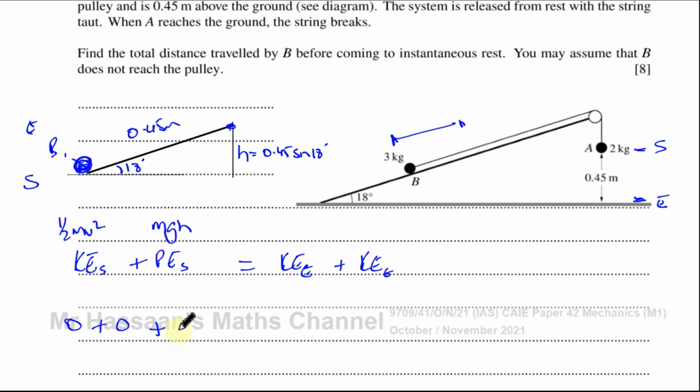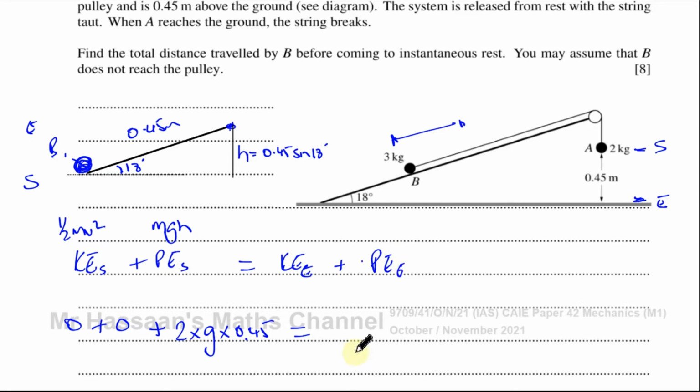In this case, it's going to be the mass, which is 2, times g, we'll call it g for now, times h, which is 0.45. That is the total potential energy of both of these at the start, when they start off their motion. And that must be equal to the total kinetic energy plus the total potential energy at the end.